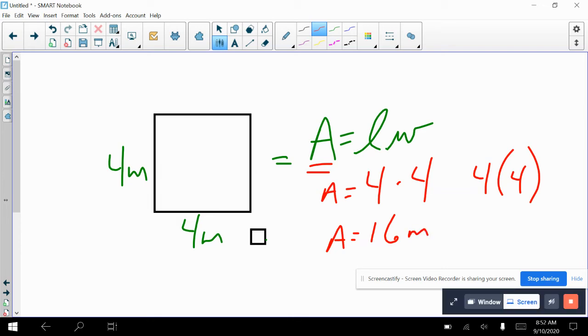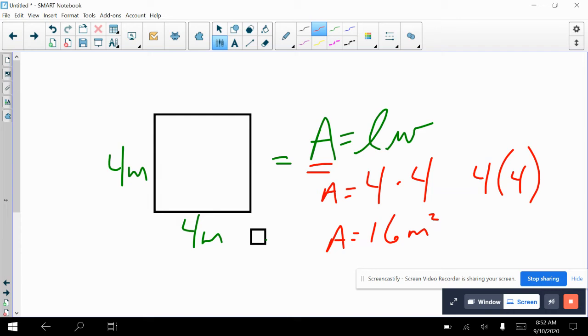meters. Now, is that the correct label if we're finding the area of something? Yes or no? Do you know about this little 2 thingy?